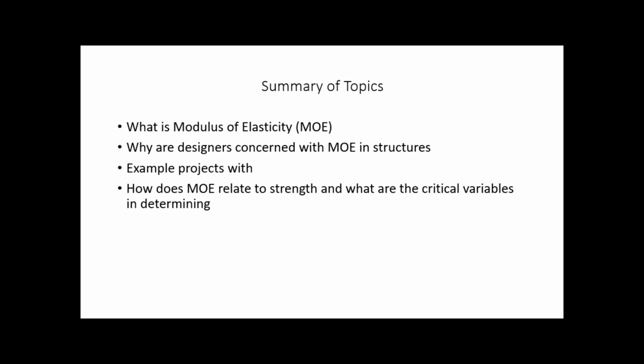So, what am I going to talk about today? Well, we're going to do a little bit of an introduction on what is modulus of elasticity and the different types or ways of modulus measurements. Mostly, we're going to be talking about one type. Another thing: why are designers concerned with MOE in structures? And we're going to go through a little bit of how MOE, or modulus of elasticity, is a predominant factor in the predictability and in the precision of the values and the performance of the individual structures.